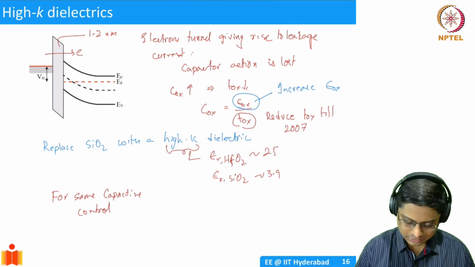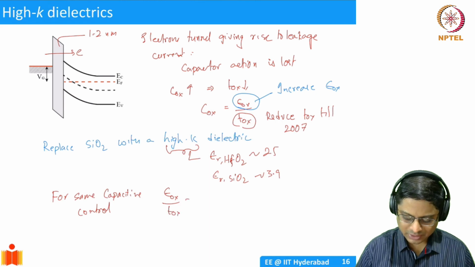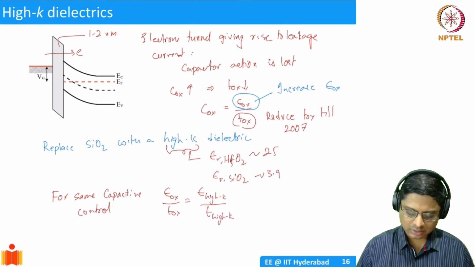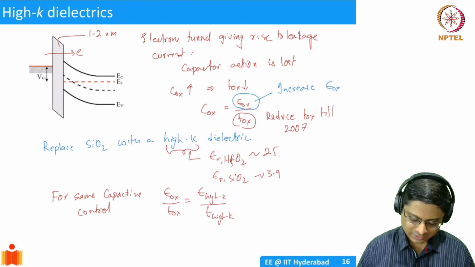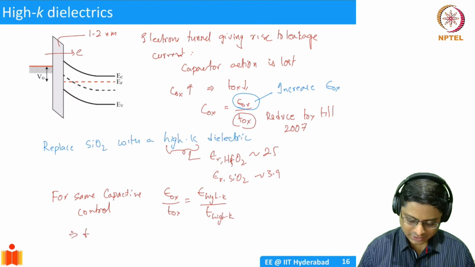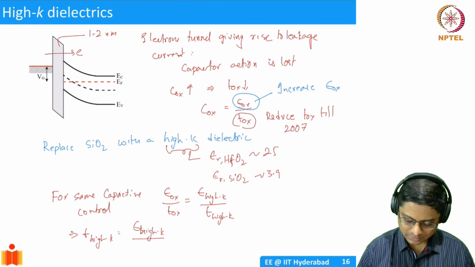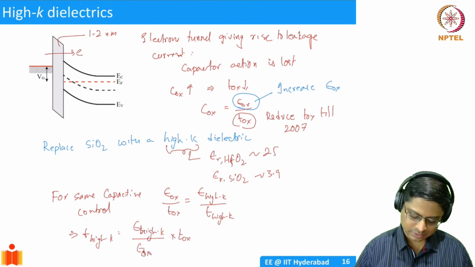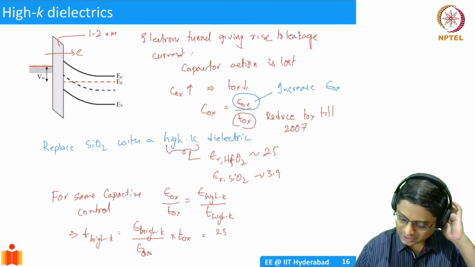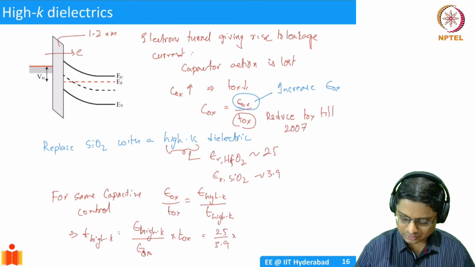So what I'll do is epsilon oxide divided by T oxide should be equal to epsilon high K divided by thickness of high K. So what this implies is I can quickly write thickness of high K, T high K, should be equal to epsilon of high K divided by epsilon of oxide times thickness of oxide. So this is 25 divided by 3.9 times TOX.